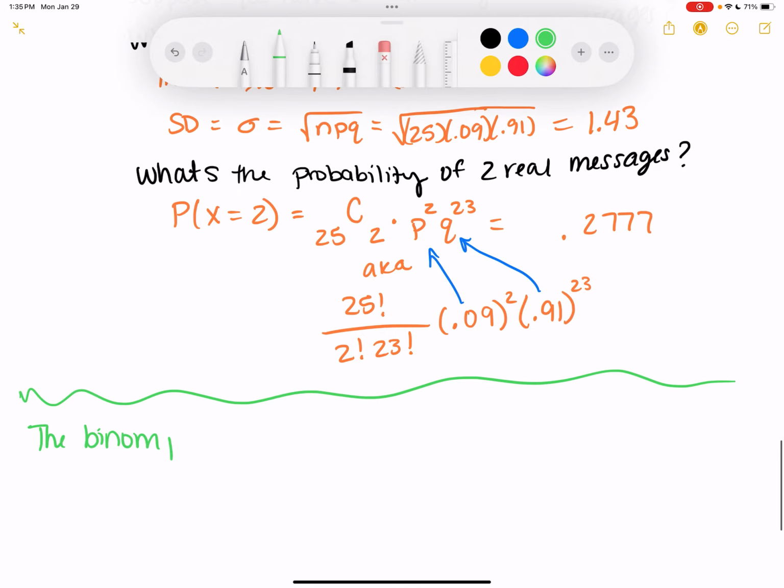the binom PDF function calculates binomial probabilities.